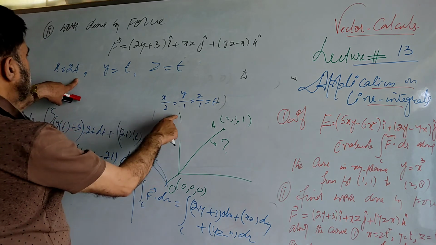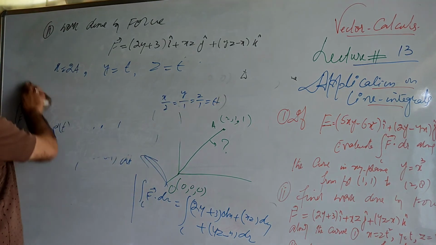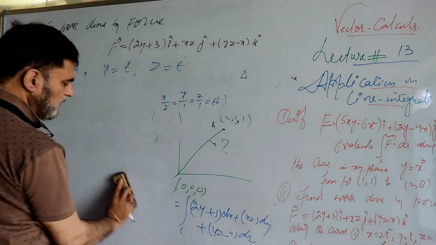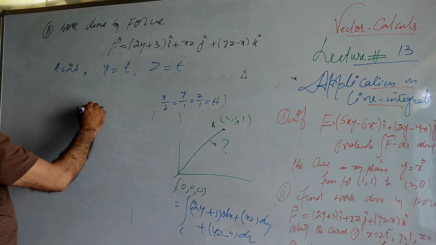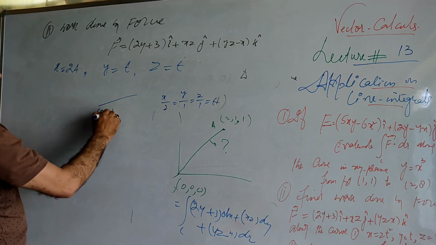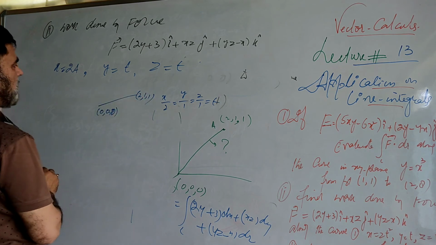Yes, it was x is 2t, y is t, z is t. Okay, now how do you find out the limit for this integral? You see, your point is from 0, 0, 0 to 2, 1, 1.